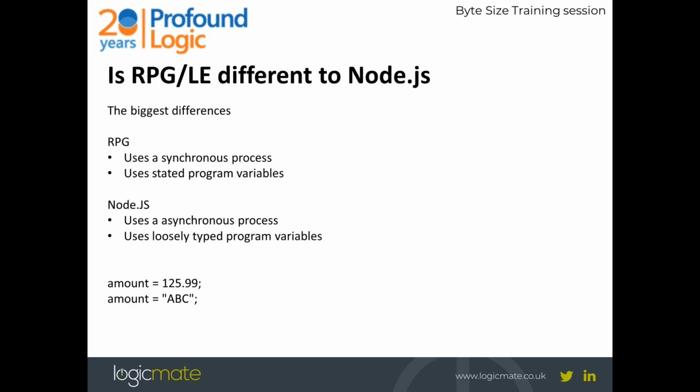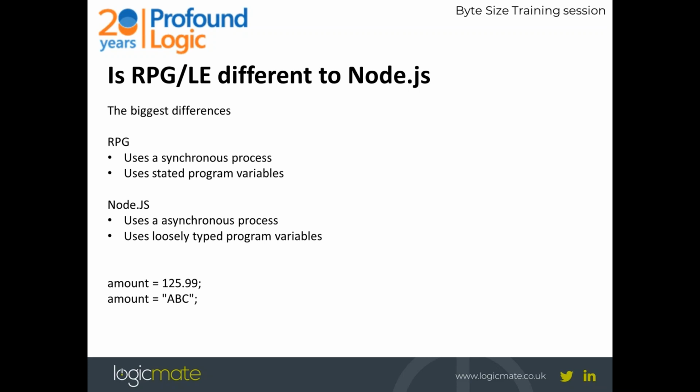So what is the difference between RPG, LE and Node.js? Traditionally, I'm referring to the IBM I because our sort of proprietary language is RPG. So I'm just covering the main differences. RPG uses a synchronous process, which basically means that it runs an instruction, waits for that instruction to finish, then it runs another instruction.